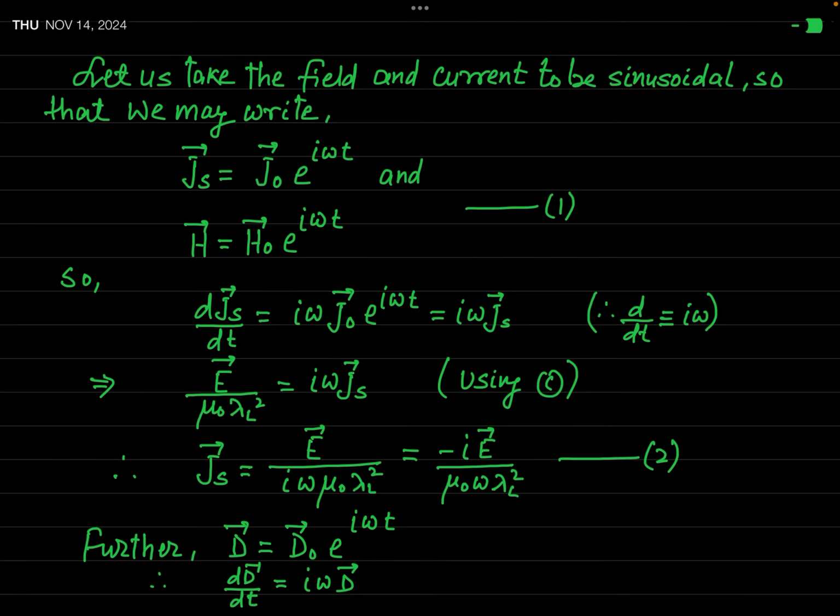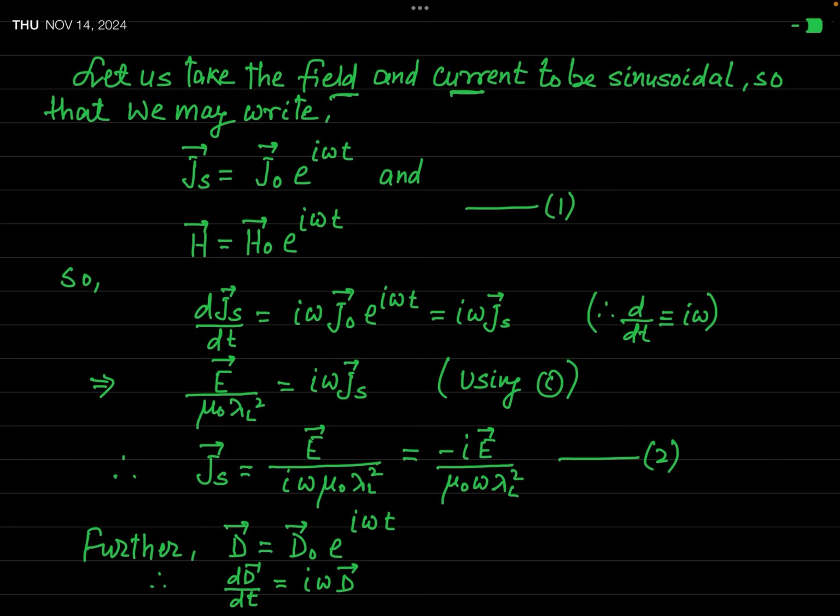Now let us consider that the current and the field we are assuming are sinusoidally varying with time, because as I have told you, in the present case we are going to discuss superconductivity at high frequency. If you consider the field and current to be of alternating or sinusoidal nature, then they will be of high frequency.